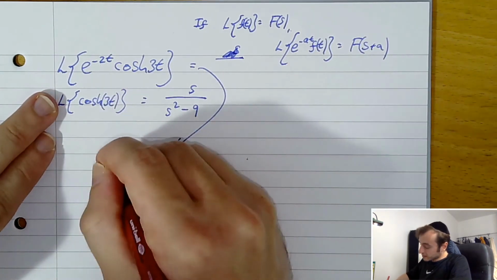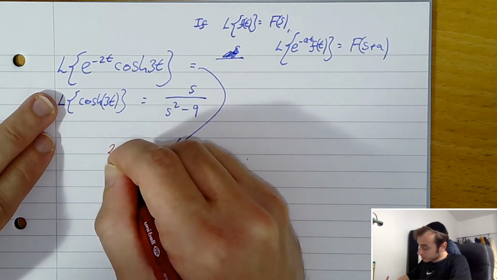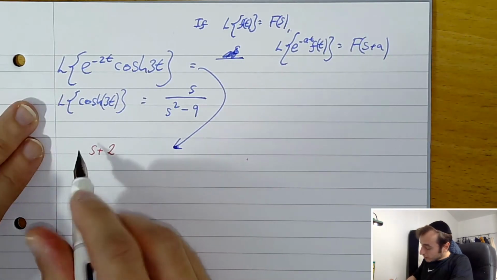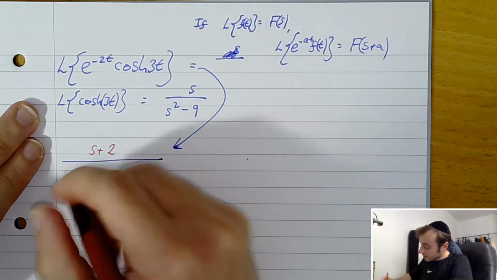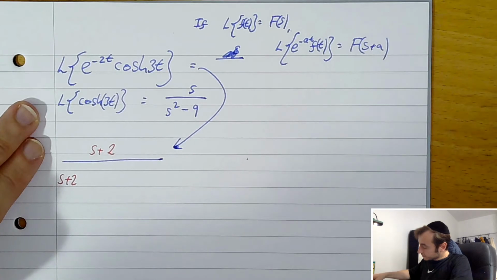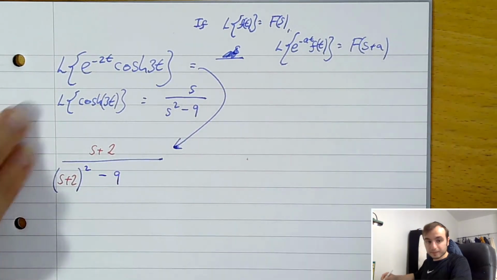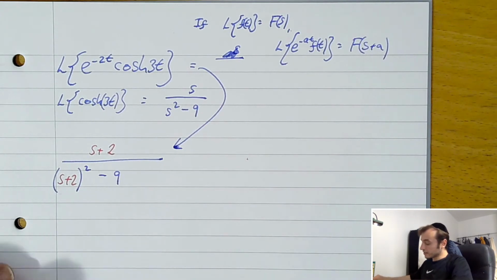So s is now going to be s plus 2, all over s plus 2 squared minus 9. And that's really all there is to it.